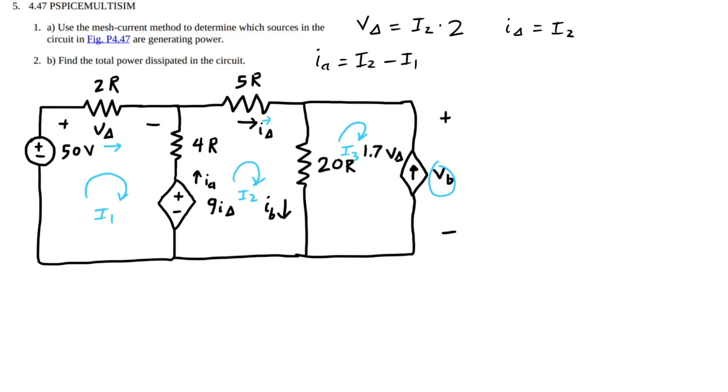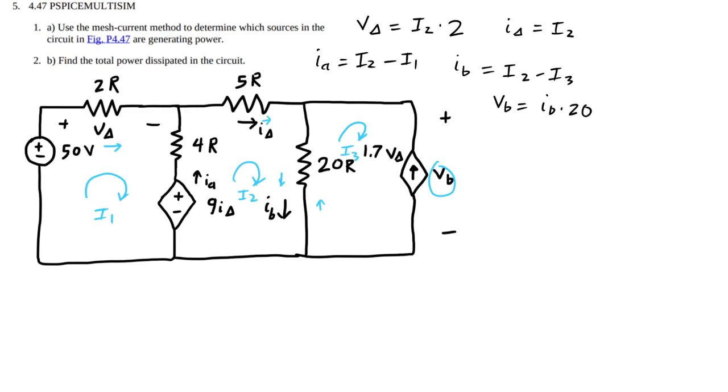And we know this because I1 is going this direction, I2 is going this direction, so they're basically kind of like fighting each other. IB, I'm going to do the same thing. I2 is going this way, I3 is going up, so that means that IB is I2 minus I3. And using that, we can say that VB is going to be IB times R, so 20.